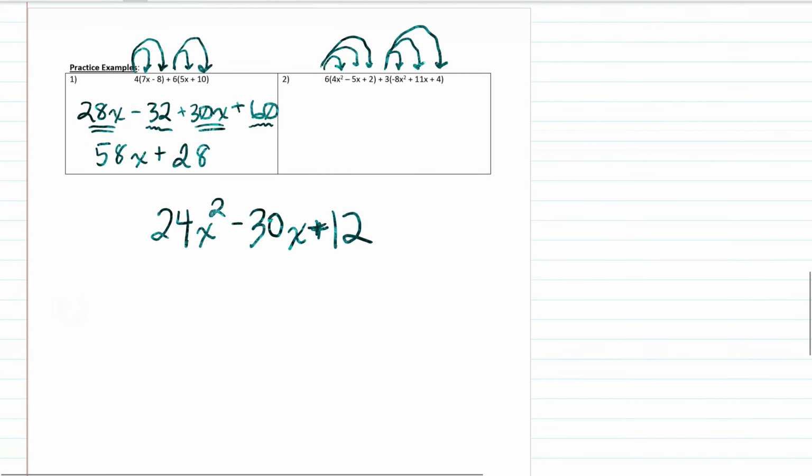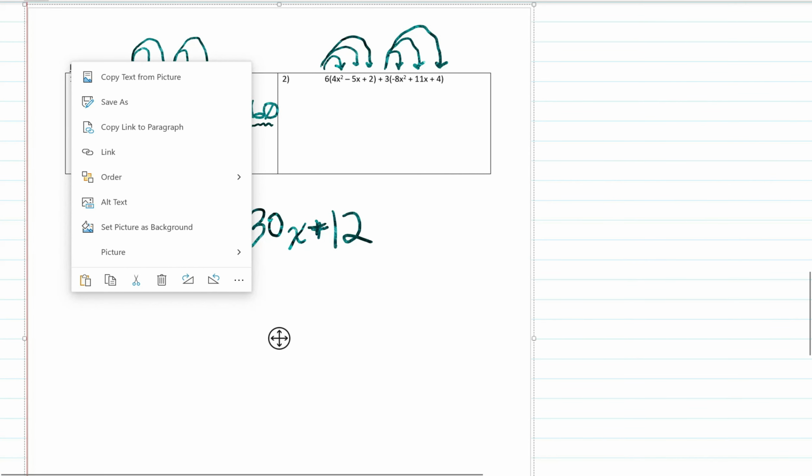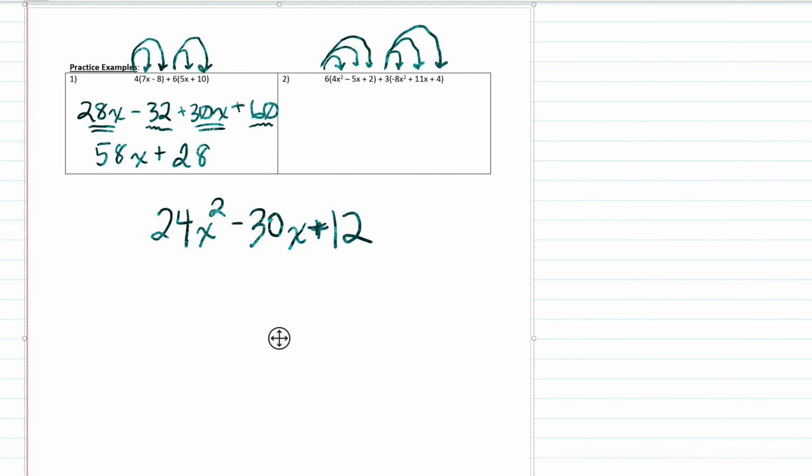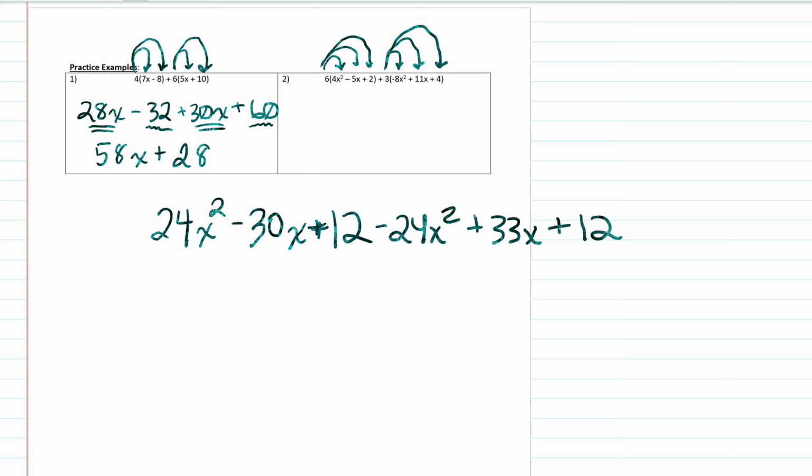And then we have the positive 3 times the negative 8x to the second makes negative 24x to the second. All right, and 3 times 11x is positive 33x. And then 3 times positive 4 is positive 12.